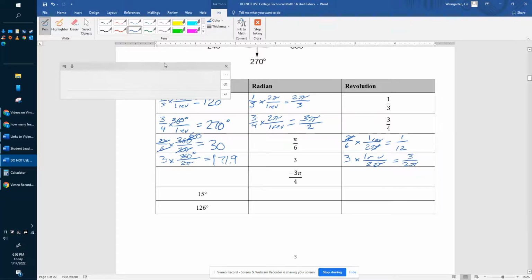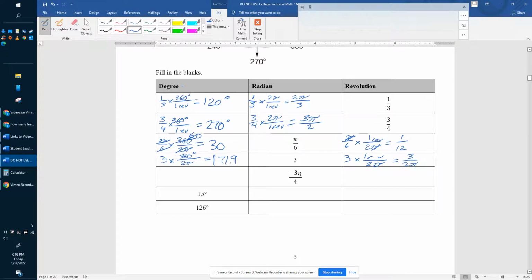So when we see radians without pi attached to it, we get some pretty crazy numbers.